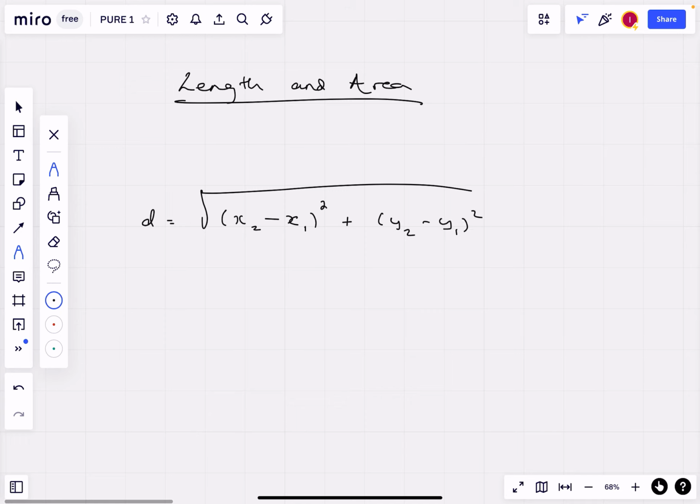That's it. So let's say you had this portion of graph, x1, y1, x2, y2. You're going to use that formula to work out the distance or the length.